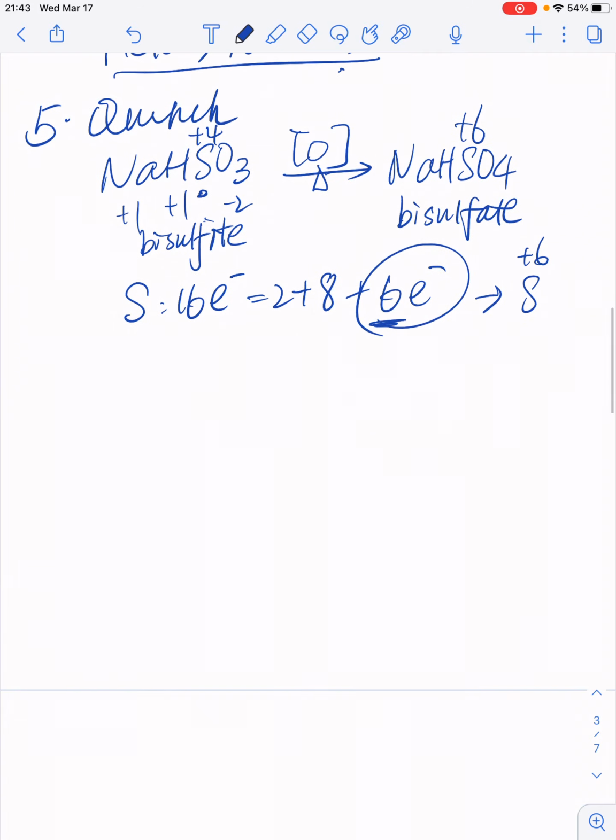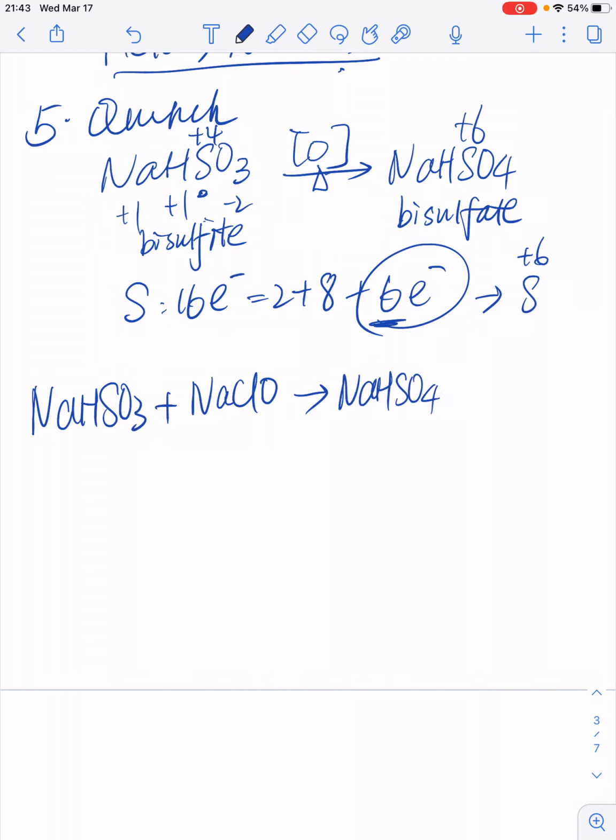If I ask you to write out an equation, it will look like this: bisulfite, let's see what we have, plus sodium hypochlorite gives bisulfate. What's going to be the byproduct?